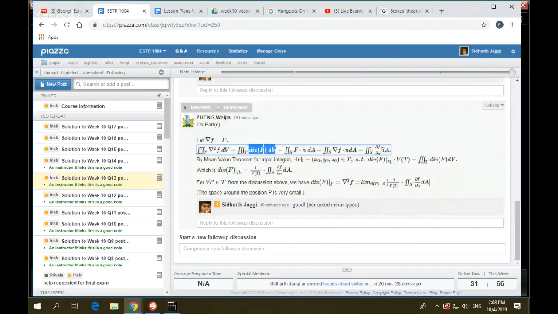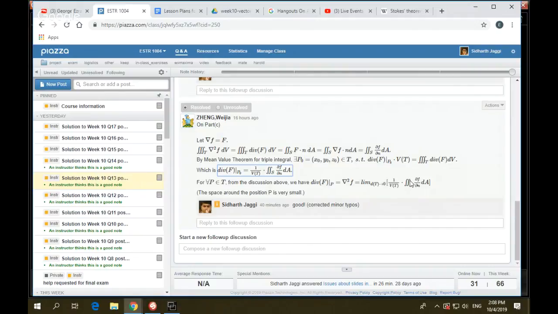And then we use the calculus that we've already done over here to say that the divergence of f at that point is going to be 1 over that volume times this quantity over here that we've already derived. Okay, so then as the dτ goes to 0, then you have the corresponding formula that you want.